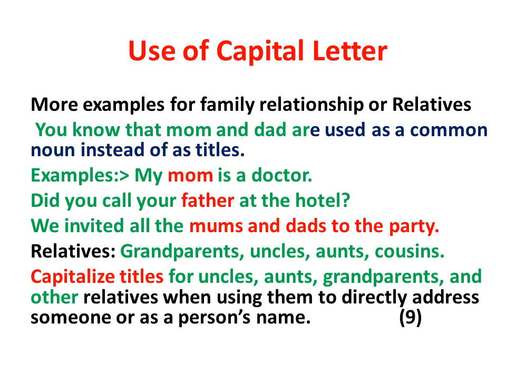Mom, dad, grandpa, uncles, aunts, grandparents, when they aren't addressed directly, need not be capitalized. And when they are directly addressed, then the first letter of each relationship must be written as capital, as in Mom, Father, Uncle, Aunt, Grandparents, as has been written in this slide on your screen.